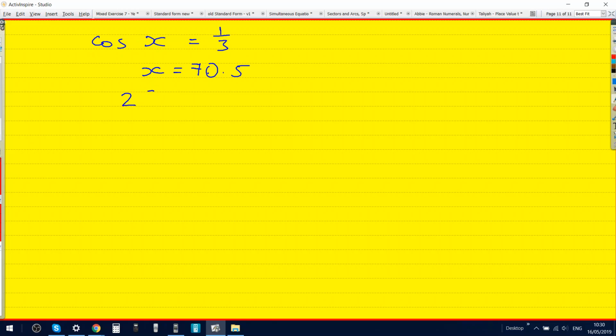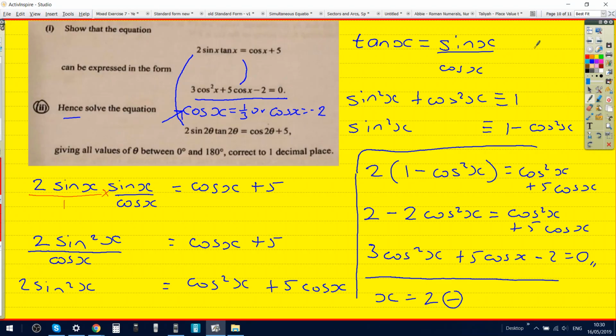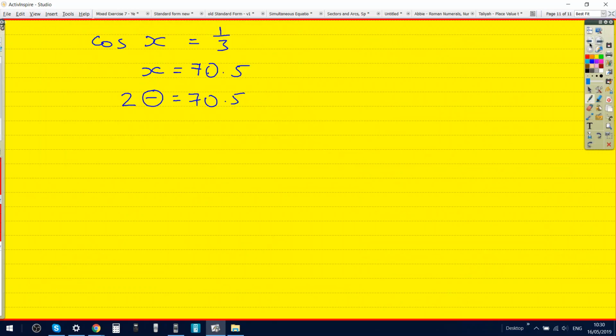For part 2, they said x is 2 theta. Like you spot the difference. And so how do you get what theta is? Divide 70.5 by 2. So 35.25 is equal to theta.